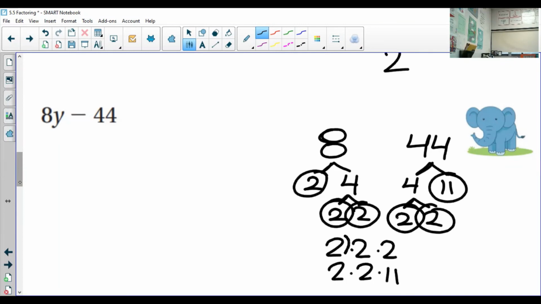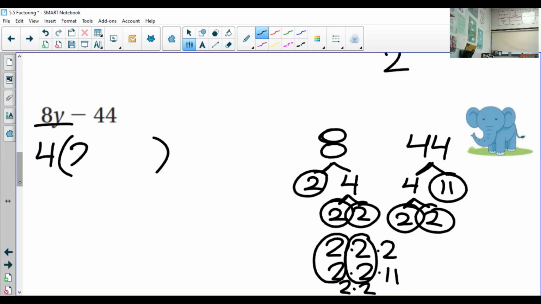Okay, my greatest common factors are here and here. So then I have 2 times 2, which is 4. So 8y divided by 4. 8 divided by 4 is 2. Bring down the y. Minus 44 divided by 4 is 11.